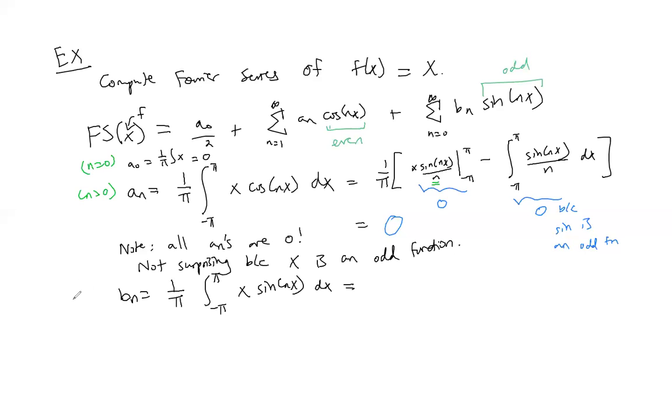So you can quickly see b0 is 0, just because if I plug in 0 over n, this whole thing becomes 0. Okay, so then we can finish integrating. We get x cosine nx over n, probably the negative sign. It's very easy to make mistakes in this integration by parts. We get cosine nx over n with the negative sign.